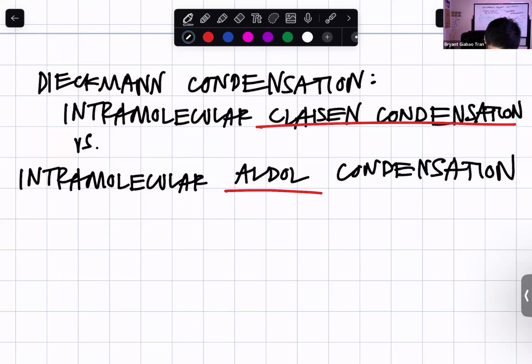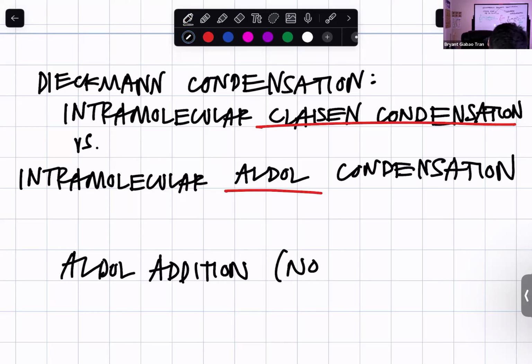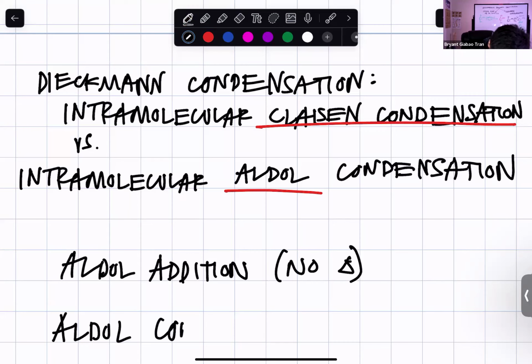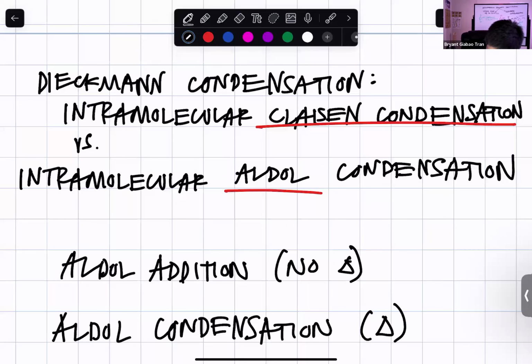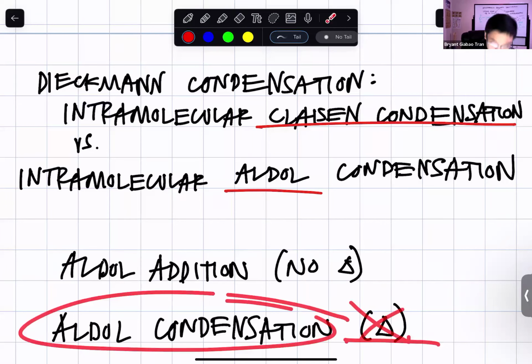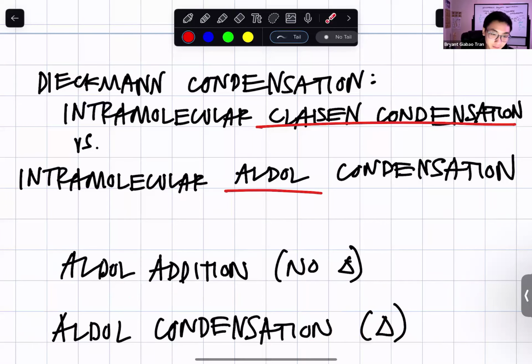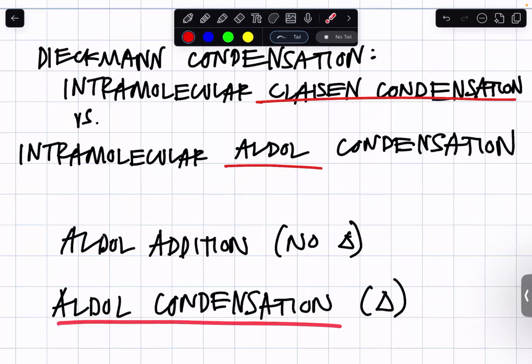There's aldol addition, the one when you do not have heat, and there's aldol condensation, when you do have heat and you go all the way down to the aldol condensation product. A lot of professors tend to skip over the heat and just assume heat. So even if you don't see heat, they go all the way to the aldol condensation. Like I think Farhad does that.